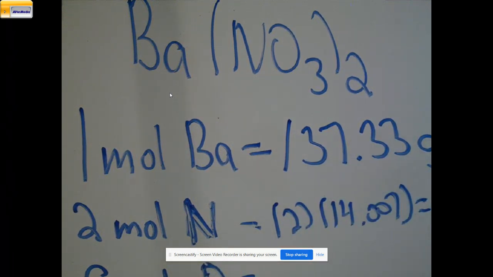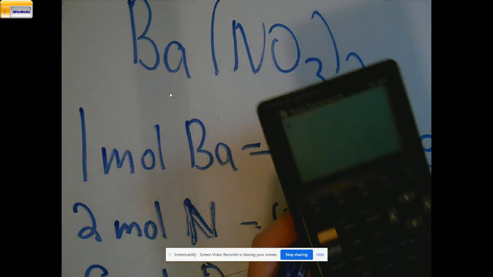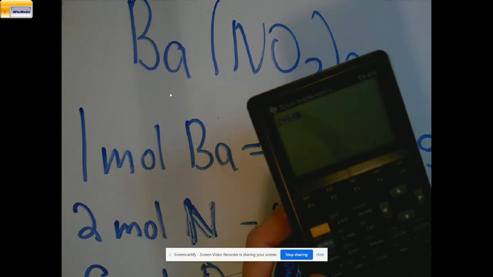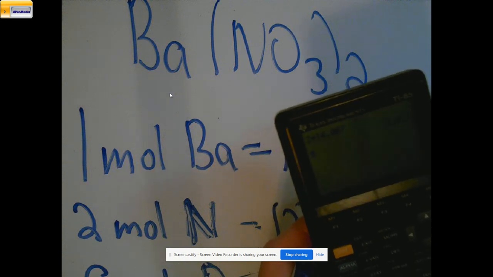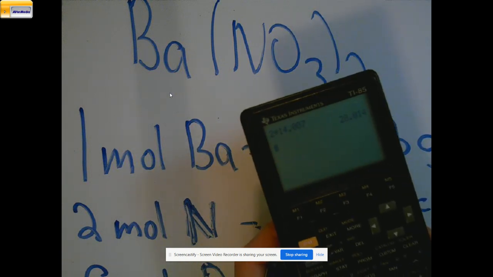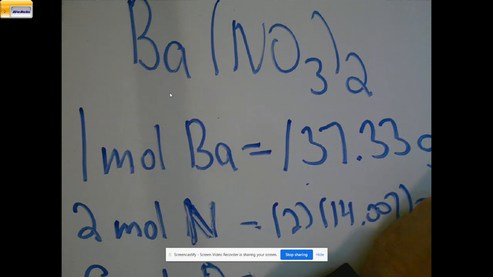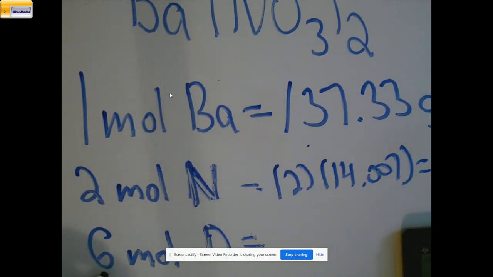I like to use my graphing calculator, but you don't need a graphing calculator. You can use any scientific calculator. It's 28.014 grams per mole. And then oxygen, you have 6 of those.